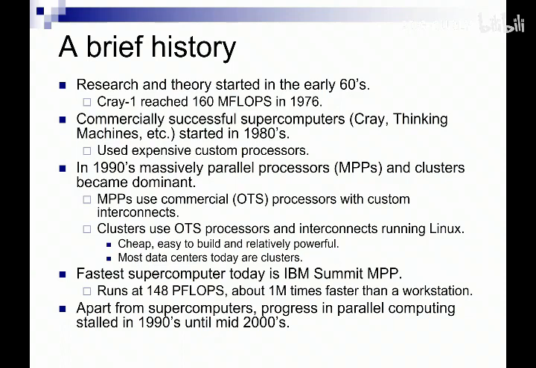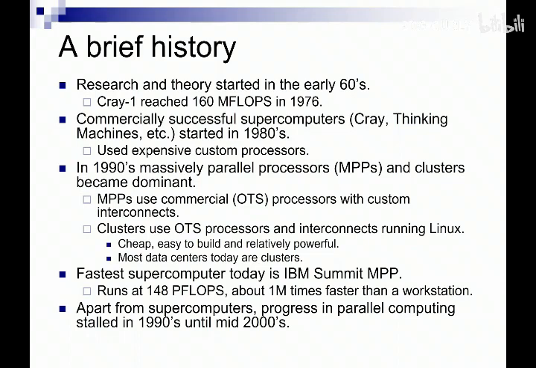Now apart from these supercomputers, which continue to be built ever since the 80s, progress in parallel computing actually sort of stalled. Basically, the only area where people were working heavily with parallel computing from the 90s until the mid-2000s was in the supercomputing area.